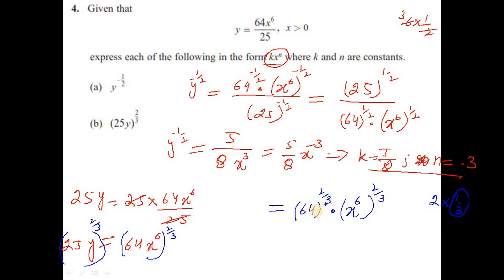So cube root of 64 is 4, and this power 2 is still there, into, and again 3 and this 6 cancel, 2, and this 2 and this 2 are going to be multiplied, so 2 times 2 is 4, so x to the power 4, and 4 squared is 16, so finally you have 16x to the power 4. This is the value of 25y whole power 2/3.